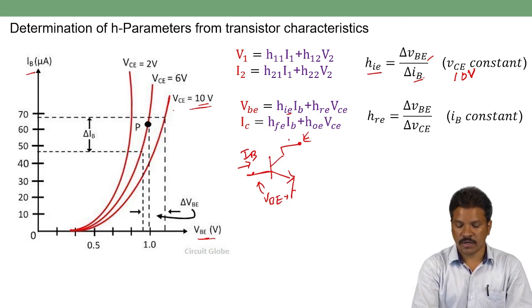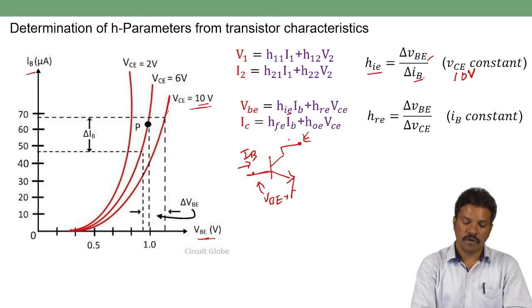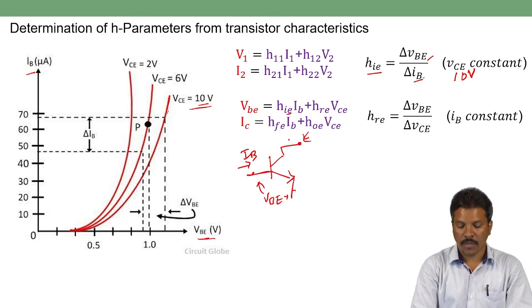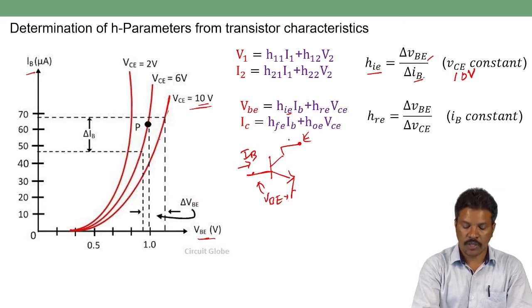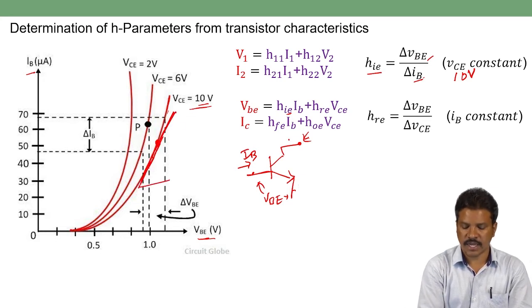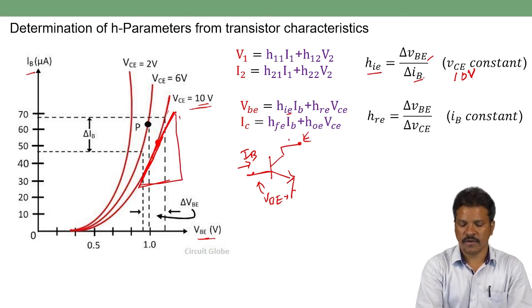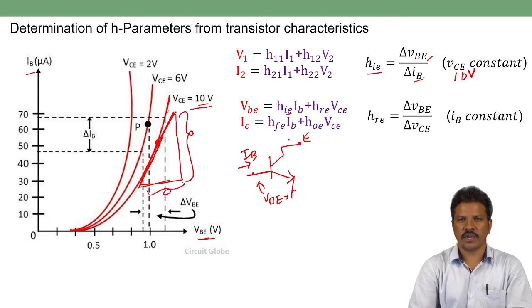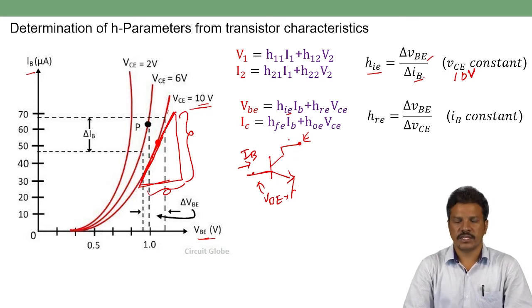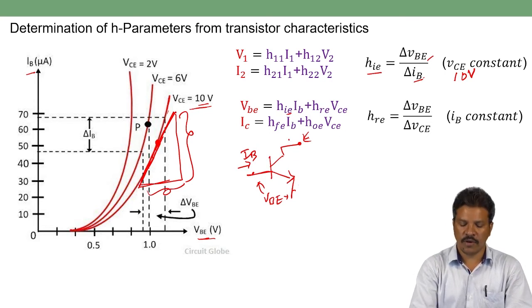So we take one graph, and on it any point, the Q point, and take a tangent line passing through it. Then we find the change in x-axis and the corresponding change in y-axis.